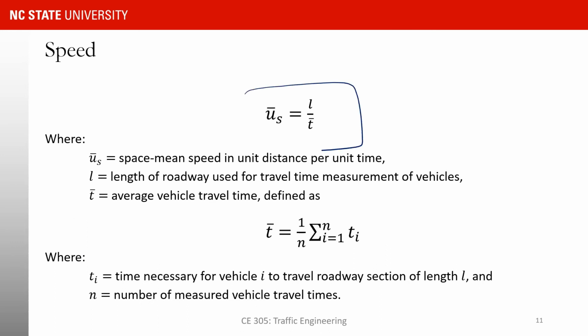So here you see the equation again, much cleaner than what I did on the previous slide. So L is the length of that segment, T bar is the average travel time. And the average travel time, you can find it with this equation. Okay?